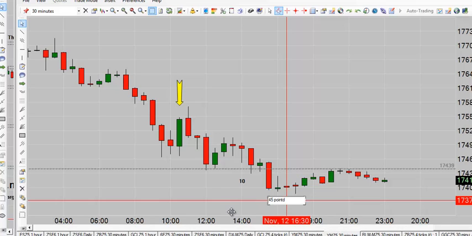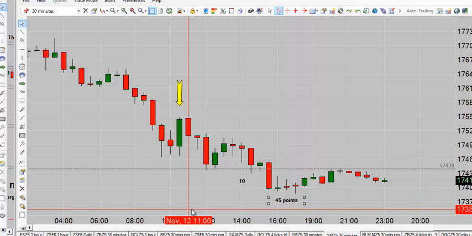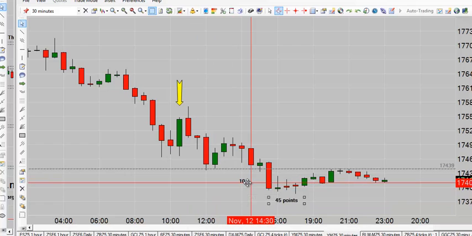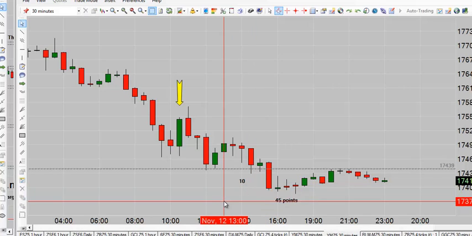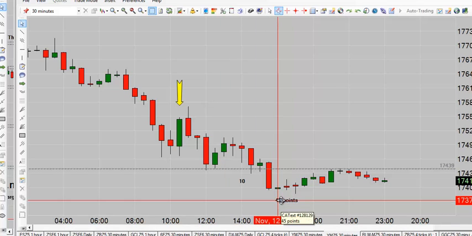Okay. Now, $5 per point. You need 20 points to make the $100 per contract per day. Use an 8-tick hard stop. At 4 ticks profit, we go to break even. At 5 ticks, we lock in one, trail the balance.